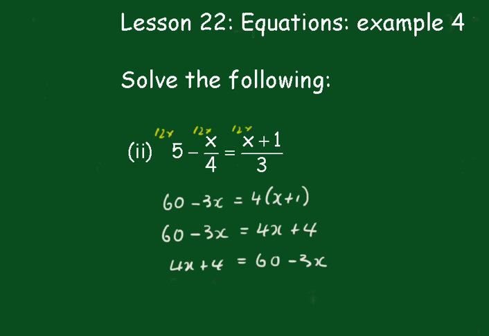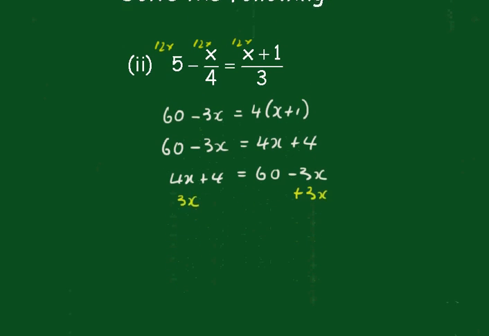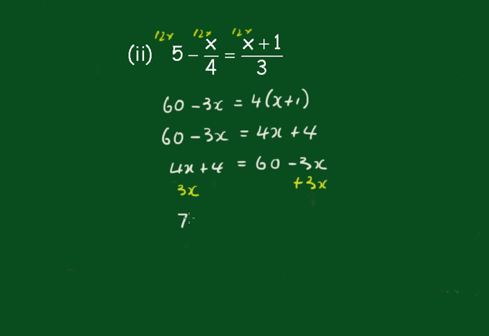Now I'll get the x's to one side by adding 3x to both sides, and that will give me 7x plus 4 equals 60.